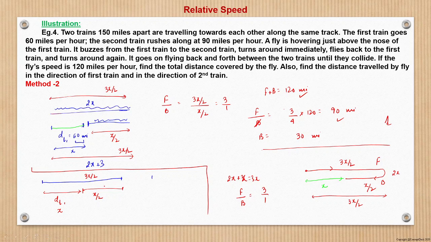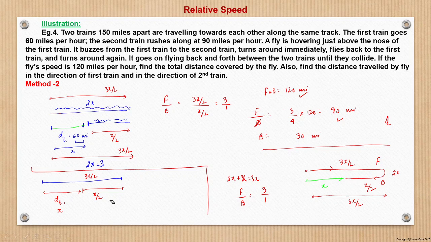So between every consecutive meet with the first train, the fly would have covered 3x by 2 plus x by 2, which is nothing but 2x, right? So between every two meets with the first train, the fly is covering a forward distance of 3x by 2 and a backward distance of x by 2.